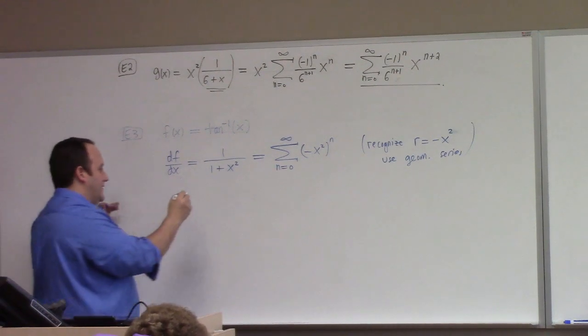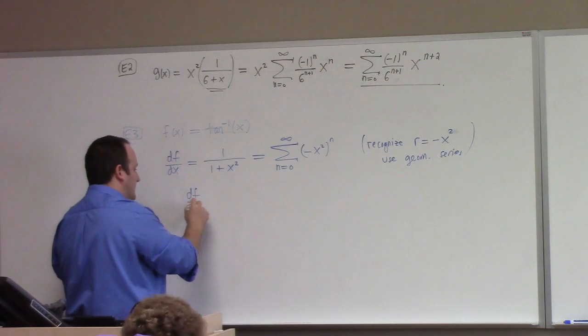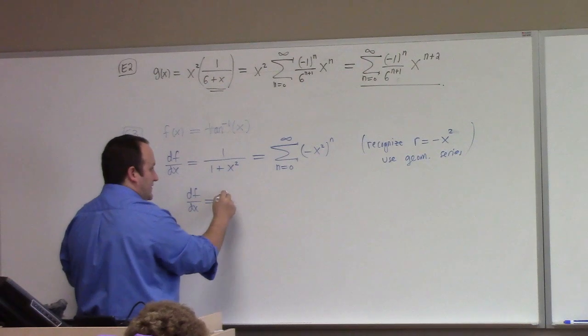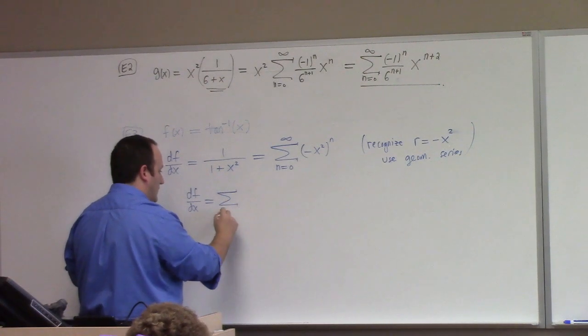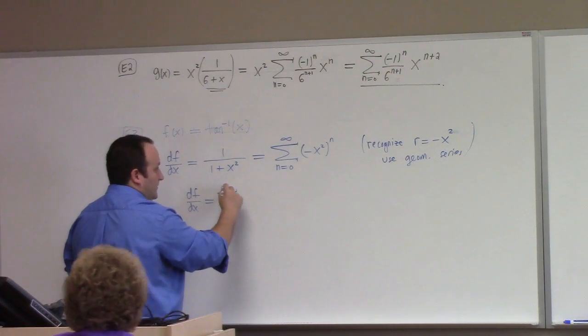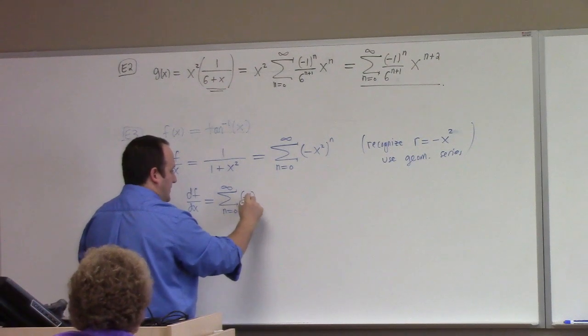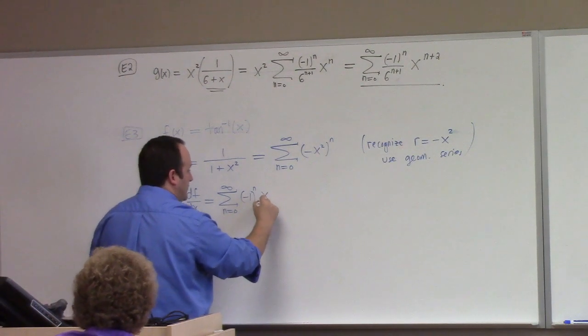But then what? That gives me that df dx is equal to the sum n equals 0 to infinity of minus 1 to the n x to the 2n.